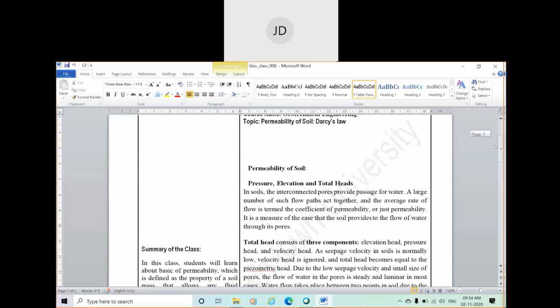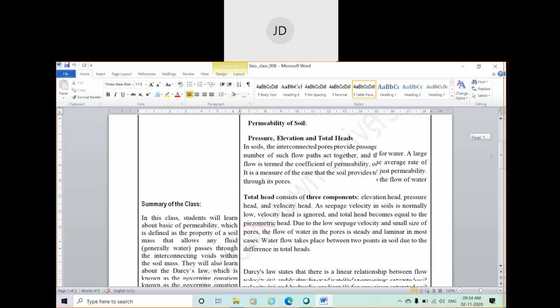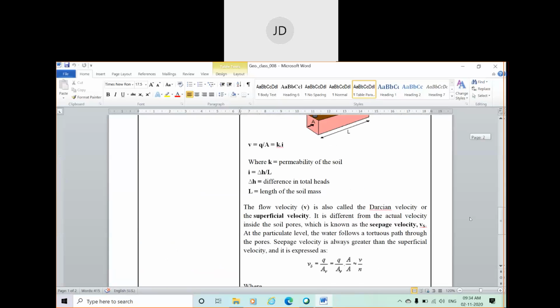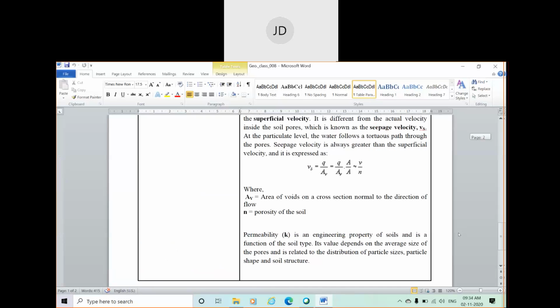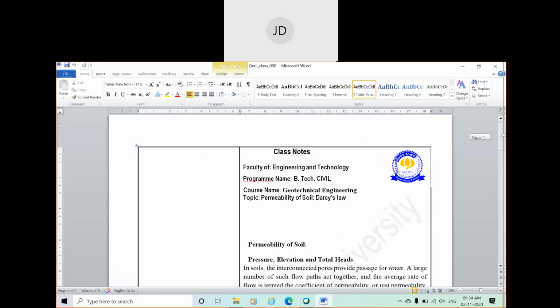Now here you have to understand what we mean by permeability. I think a basic definition is not given here. Yeah, it is given here. Anyway, I want to share the basic definition of permeability.